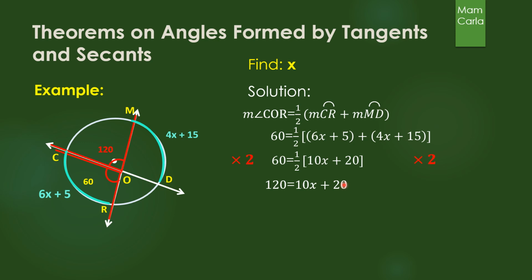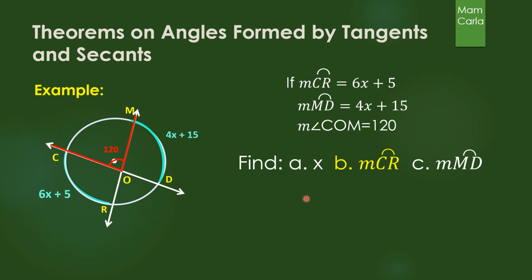So we transfer our 20 to the left side. We have 120 minus 20 equals 10x. Simplifying, 120 minus 20 is 100, equals 10x. Then we divide both sides by 10. So the value of x is 10.